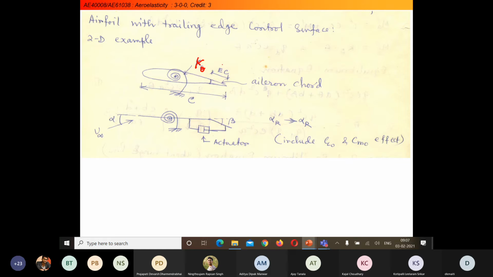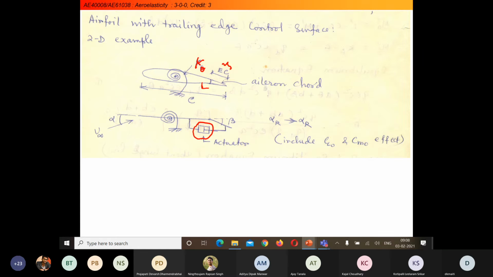The length of the control surface is capital E times C. We are taking capital E as the percentage of chord to define the control surface, and this control surface will be connected by an actuator, which I have represented here. This actuator will give the deflection beta, when the pilot demands to deflect this control surface, let's say in the downward direction.